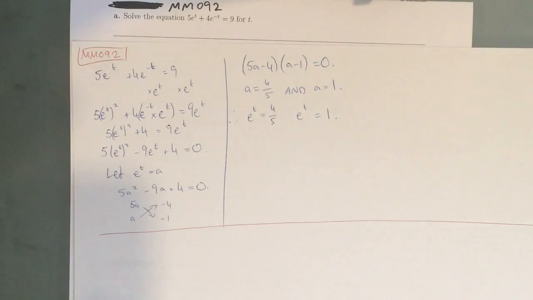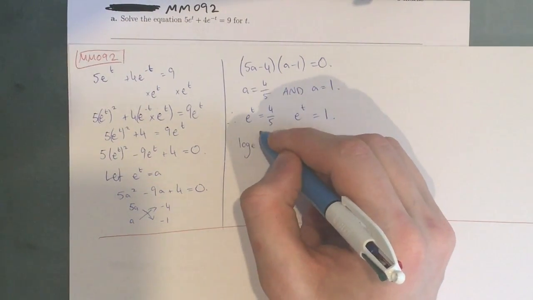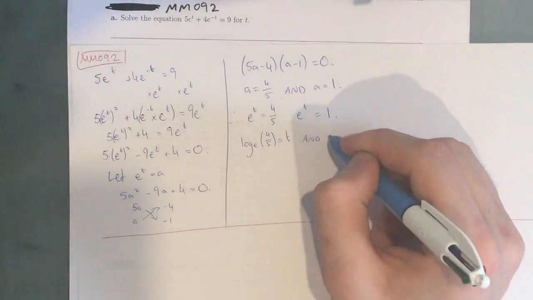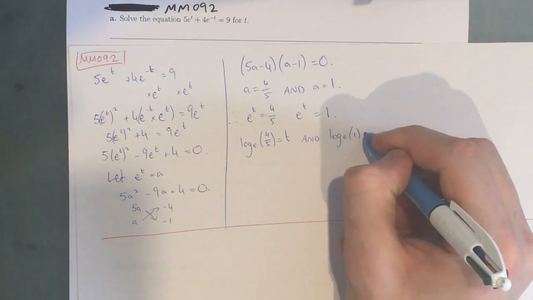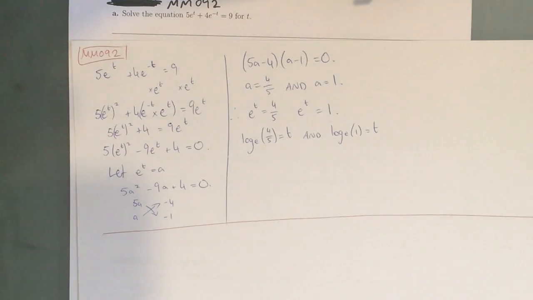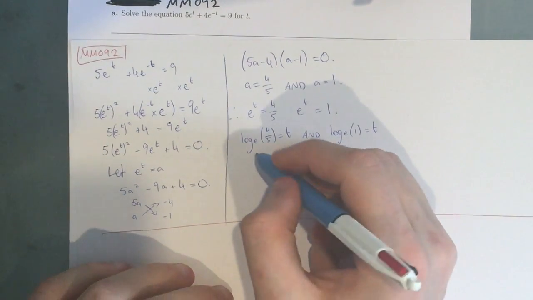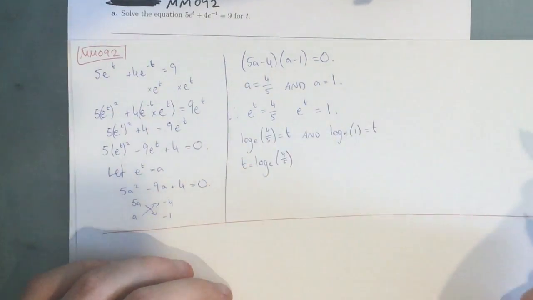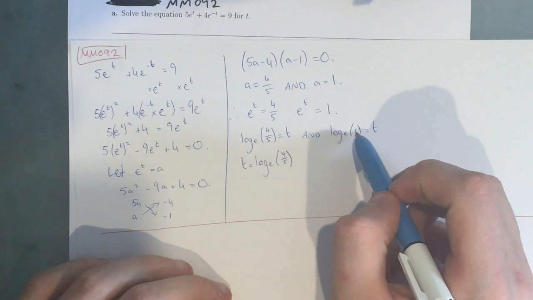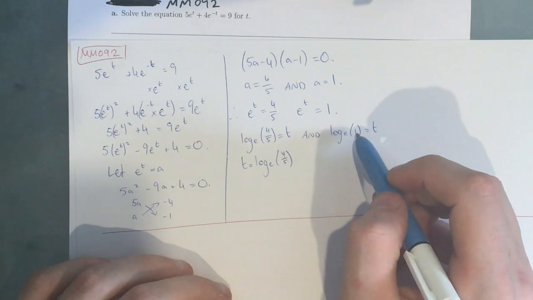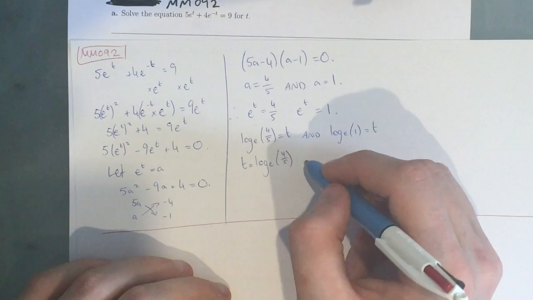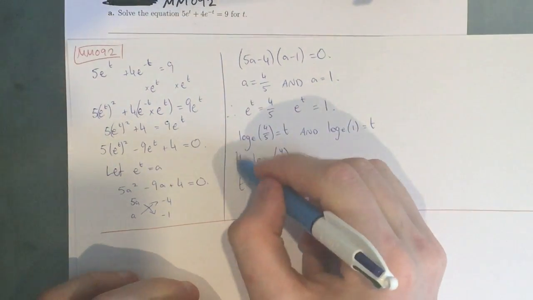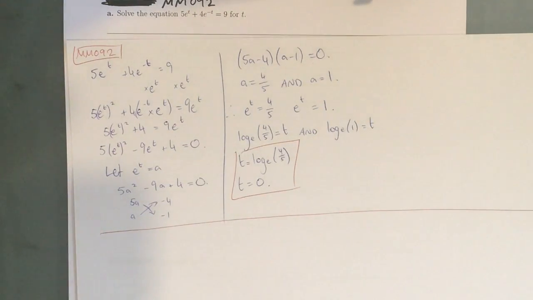So therefore, log e of 4 on 5 equals t, and log e of 1 equals t, which means that t equals log e of 4 on 5, and log e of 1 equals 0, because that's a log rule. So therefore we get t equals 0. So our two answers are t equals log e of 4 on 5 and t equals 0.